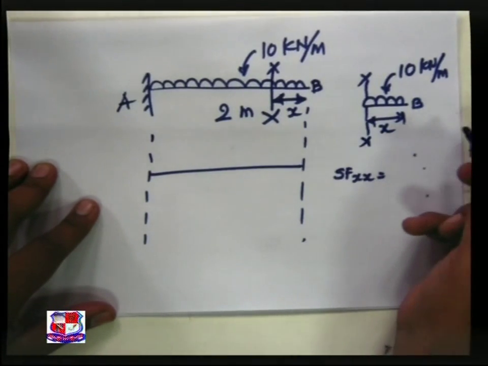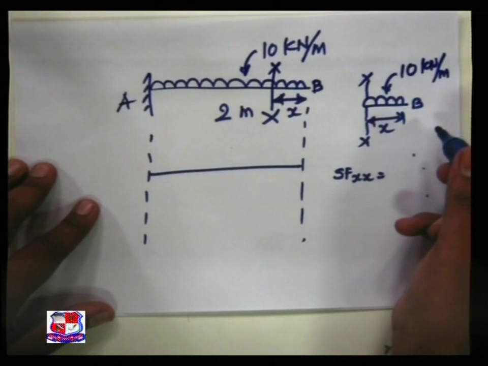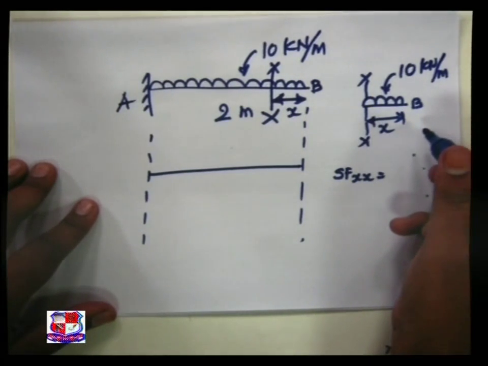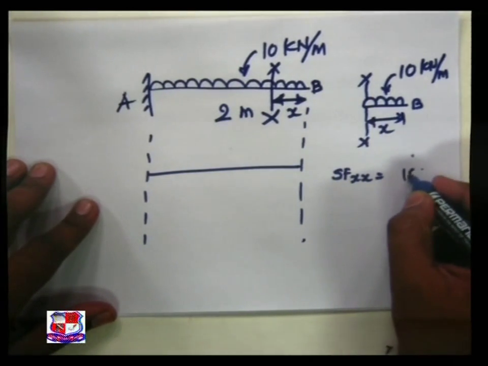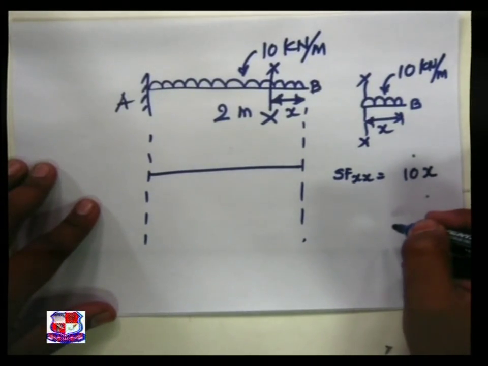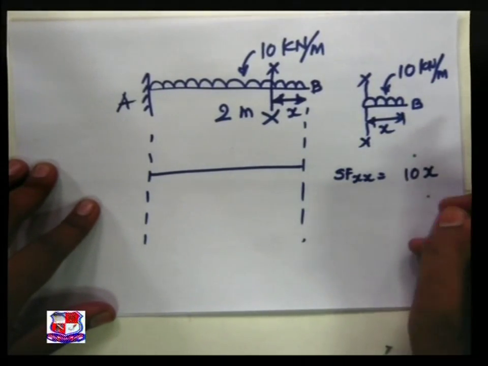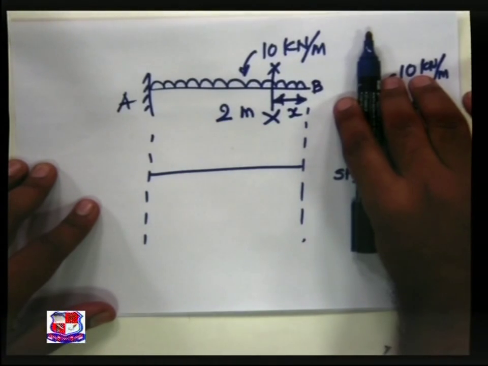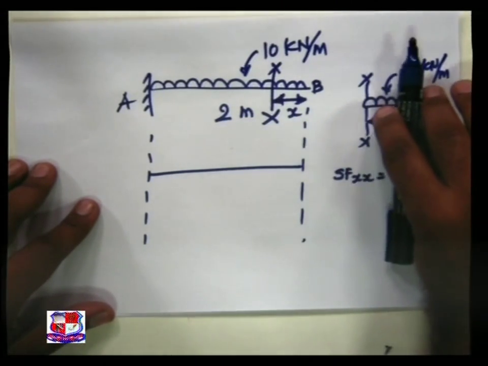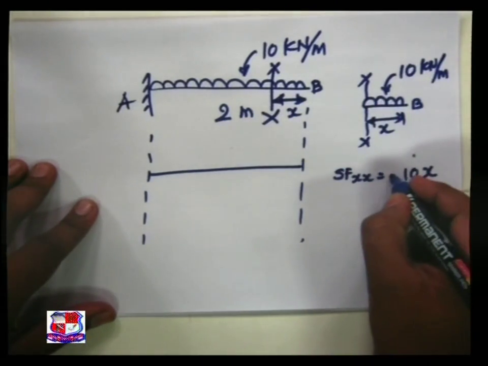Here, from the right of the section, the unbalanced vertical force is 10 into x. Here the force acting downward on the right section is treated as positive.